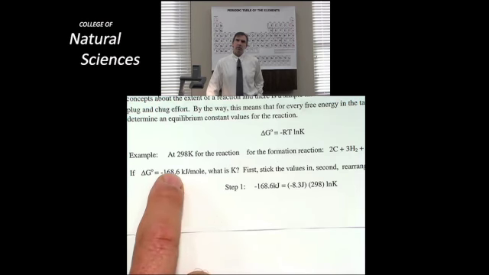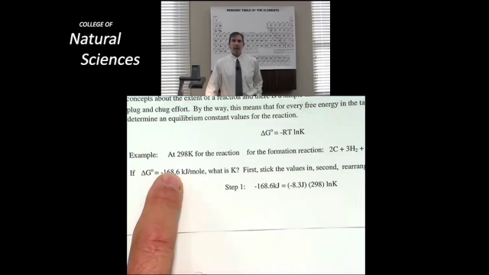If it's going to shift to the right, the stuff on the right-hand side is going to be bigger than the stuff on the left-hand side, so I'm going to end up having a number which is greater than 1, which means that my exponent is going to be a positive exponent. I also know that because that's a pretty healthy chemical reaction in terms of free energy change, I should expect to be seeing a pretty large exponent for my result.